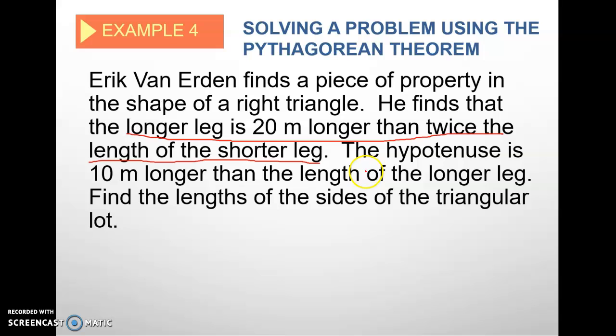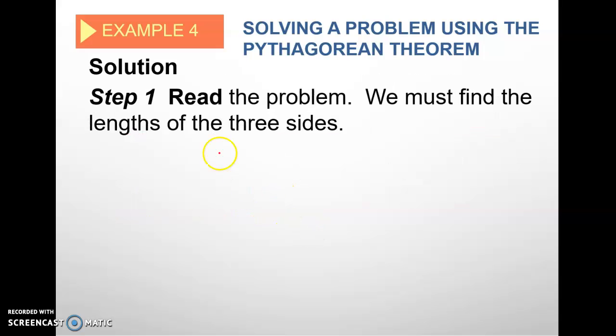After identifying the representation of the longer leg, we can now represent the hypotenuse. The problem is asking for the lengths of the sides of the triangular lot, so we must find the lengths of the three sides.